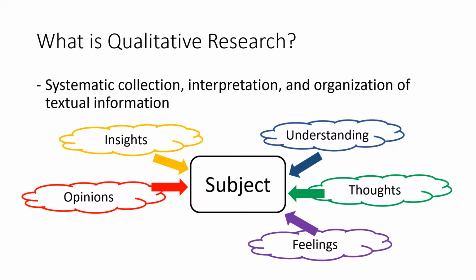It just means that researchers have the opportunity to investigate a topic by collecting information from others. And the information they collect may revolve around a wide variety of aspects dealing with a certain subject. So it might deal with people's understanding of the subject, their thoughts and feelings of the subject, or perhaps their opinions and insights of that subject as well.